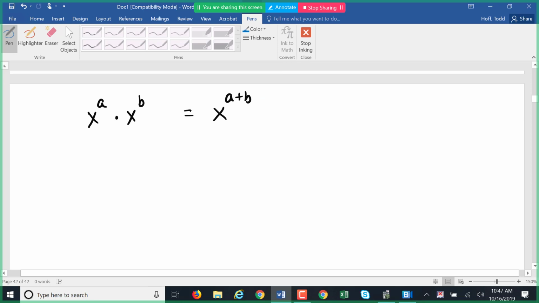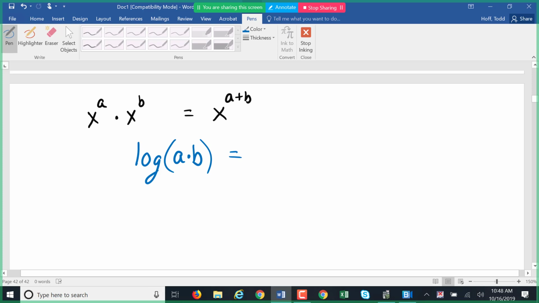The logarithmic equivalent of that, splitting it back up: if I have log of a times b, I can separate that.